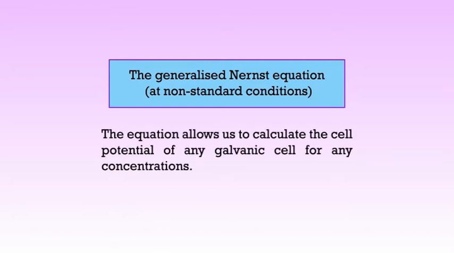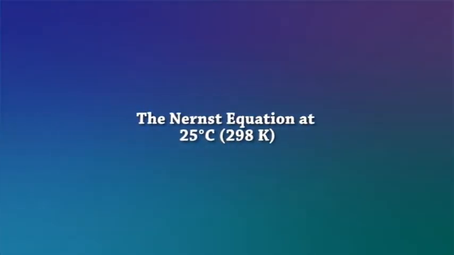This equation allows us to calculate the cell potential of any galvanic cell for any concentration. And let's look at the Nernst equation at 25 degrees Celsius, which is 298 Kelvins. At any specific temperature, the Nernst equation, which is derived at equation 4, can be reduced into a simple form.